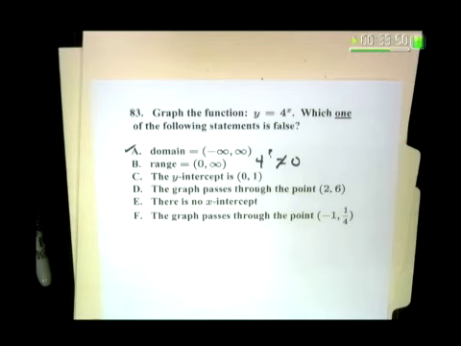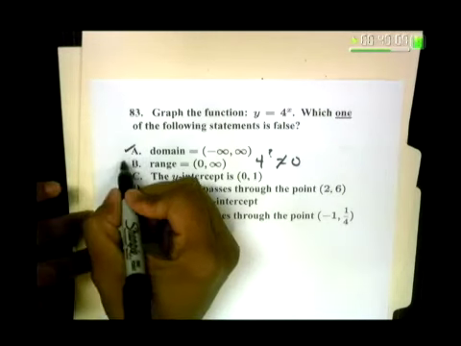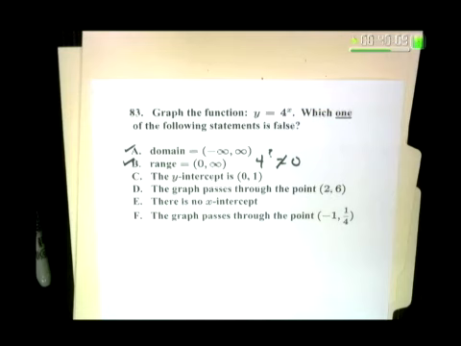And 4 to the negative exponents are 1 over 4, and the fractional parts, because we just saw 4 to the 1/2 would be 2. So 4 to the negative 1 would be 1/4. So the range is positive.